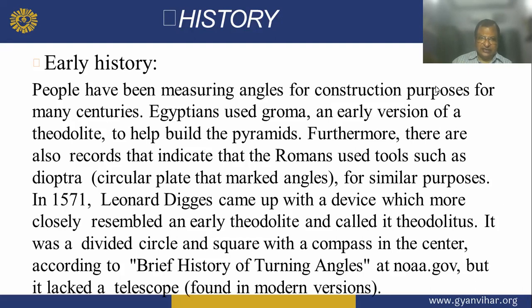It had a divided circle and a square with a compass in the center, according to a brief history of the turning angle. But not the light telescope found in the modern version.